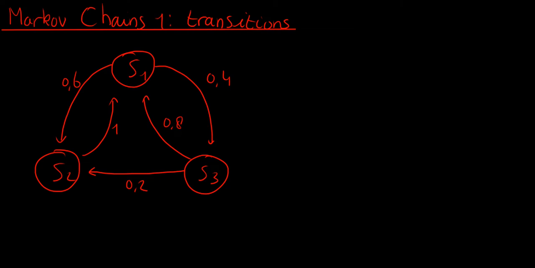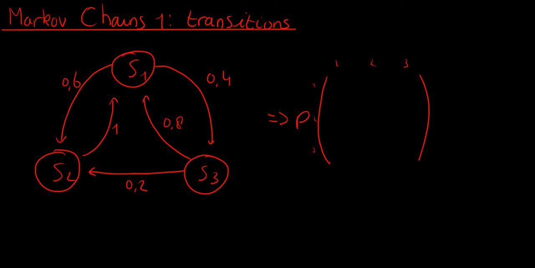With this, we can also create a matrix that denotes all the edges in our nice Markov chain. We have state 1, state 2, state 3, and these are denoting what the weights are between these states.